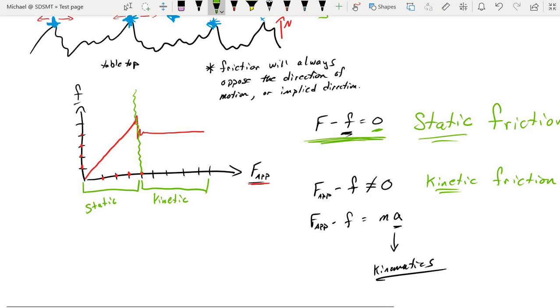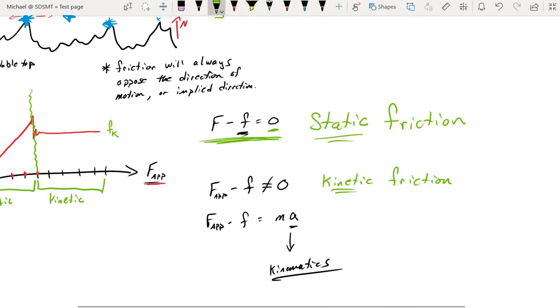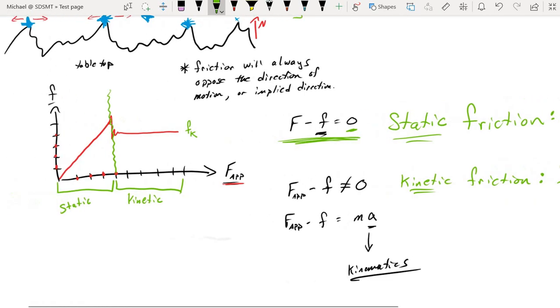It basically flatlines. And so what this tells us is that there is a constant value for the kinetic friction. And we're going to label each of these respectively F sub k for kinetic friction and F sub s for static friction.